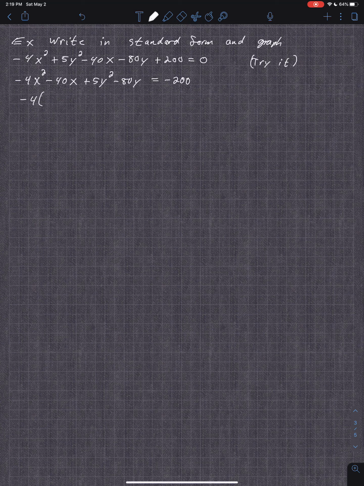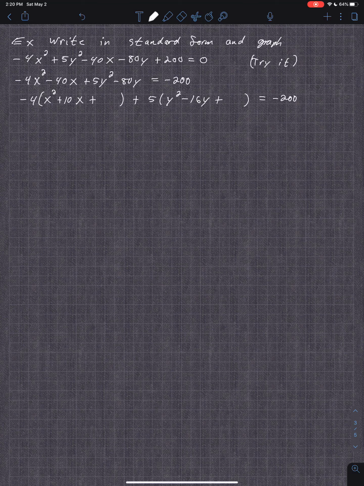So negative 4 becomes x squared plus 10x plus something. It'll be plus 5 times y squared minus 16y plus something equal to negative 200.